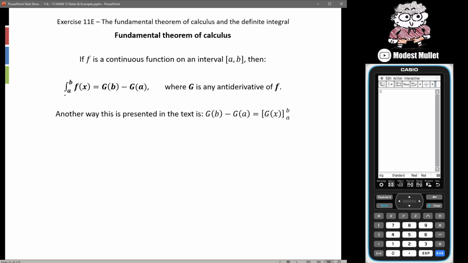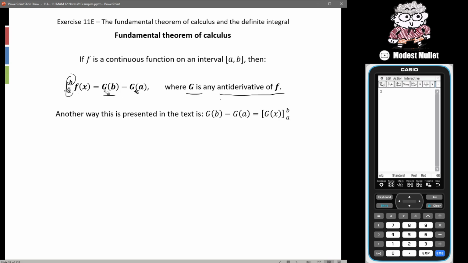So the area under the graph is equal to g of b, taking this top number and substituting it in, minus g of a, substituting in the bottom number, where g is the antiderivative of f. It's really elegant once you understand what this is saying.